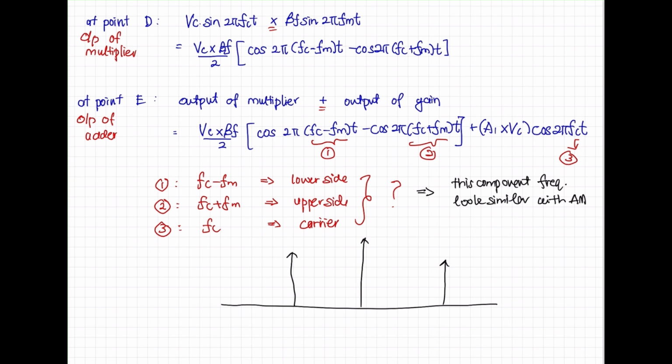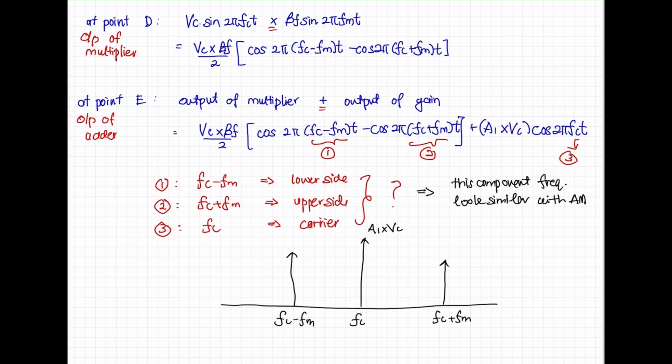The amplitude of the carrier is A1 times Vc, so how strong it is depends on A1. If A1 is a greater factor than Vc, the carrier power will be very large. This one is fc, the carrier, this one is fc plus fm for the upper side, and this one is fc minus fm for the lower side.